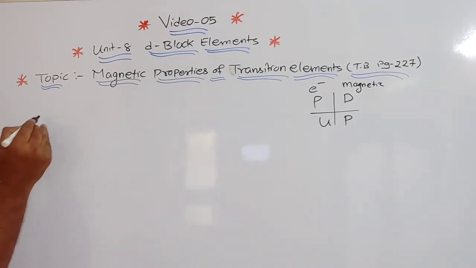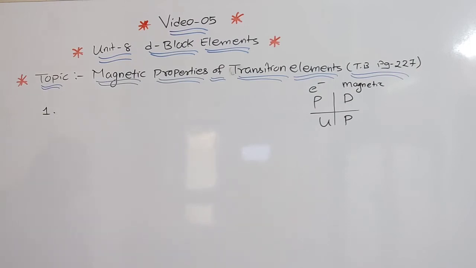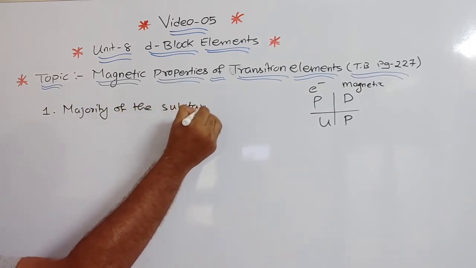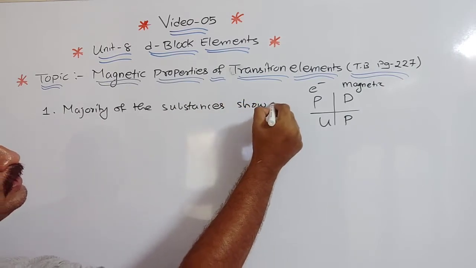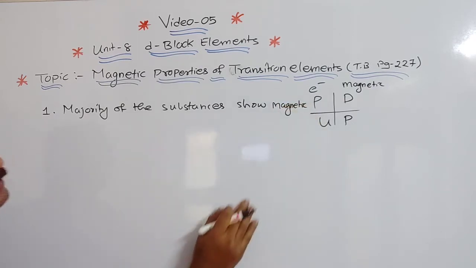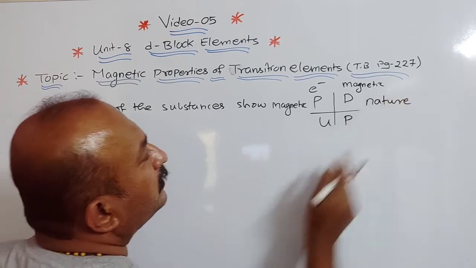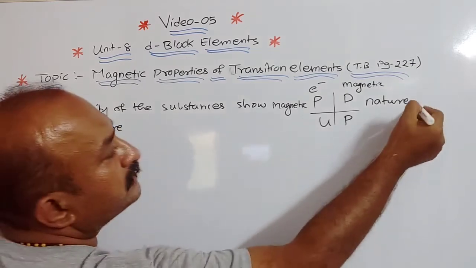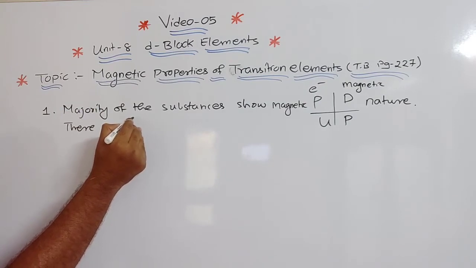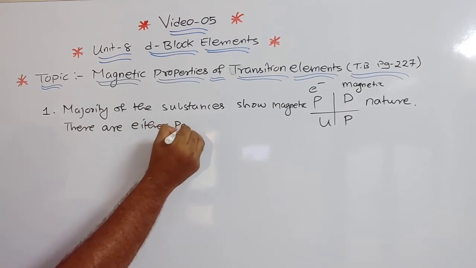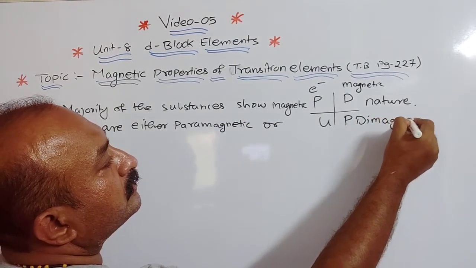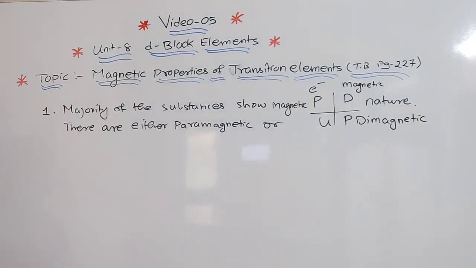Here we can write in point form: the majority of substances show magnetic nature, and they are either paramagnetic or diamagnetic.